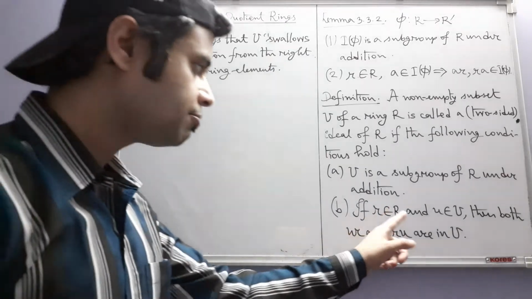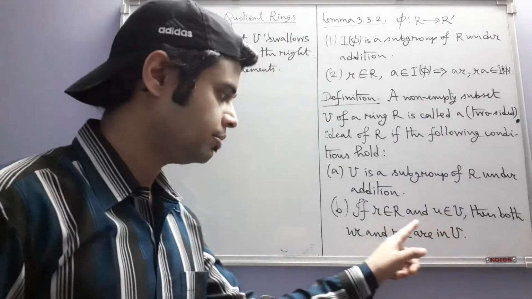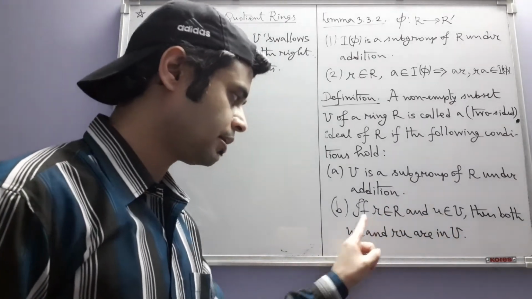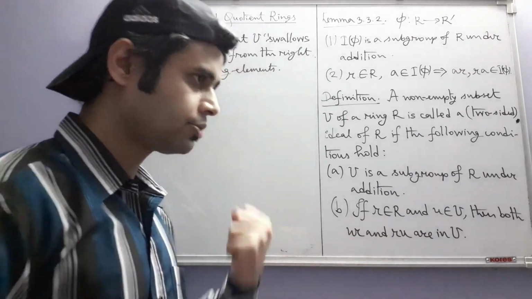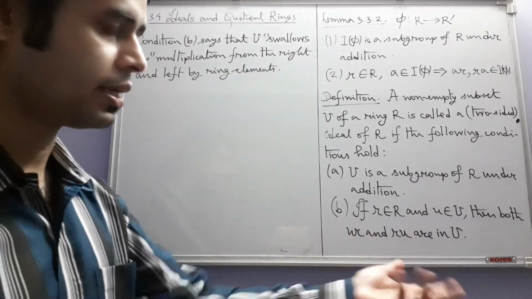You see, if we are multiplying any element of U from the right side by a ring element or from the left side by a ring element, then U swallows up that multiplication. The result is again in U.